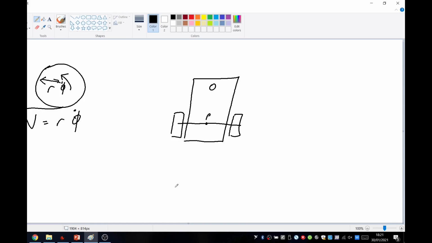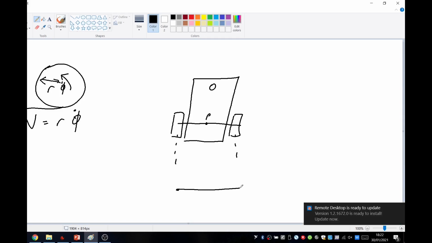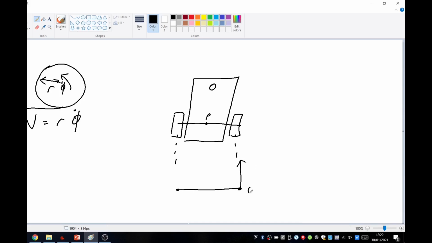So if one wheel is stationary, we'll say this point is fixed here. So we translate this down. This wheel is stationary. This is our axle. And then this wheel here is moving forward. So it's spinning. This wheel is rotating at angular velocity of phi dot. We'll call it wheel 1. So it's rotating at angular velocity of phi dot 1, and this gives it a certain velocity, v1.